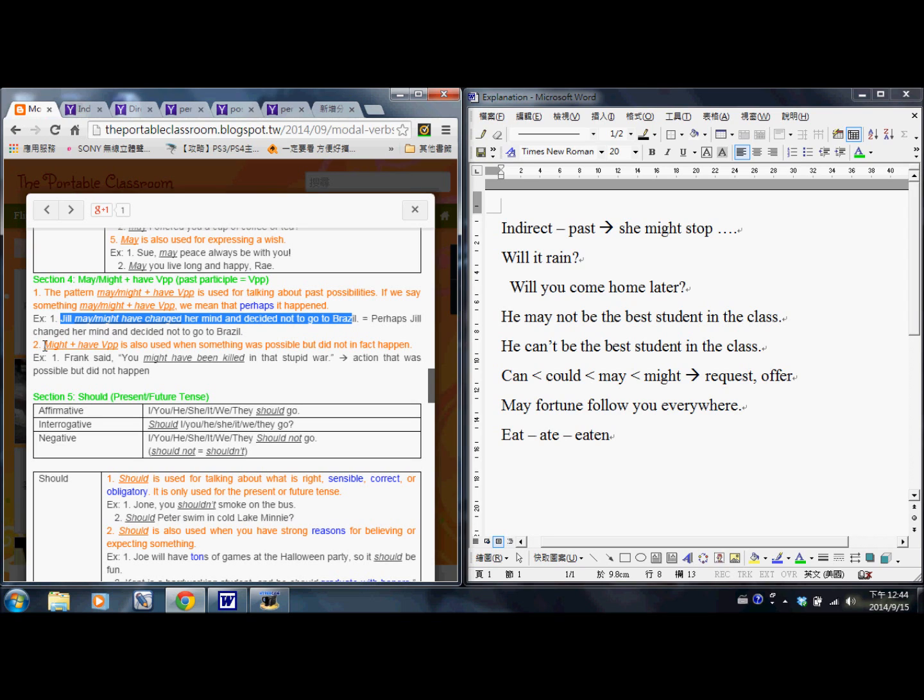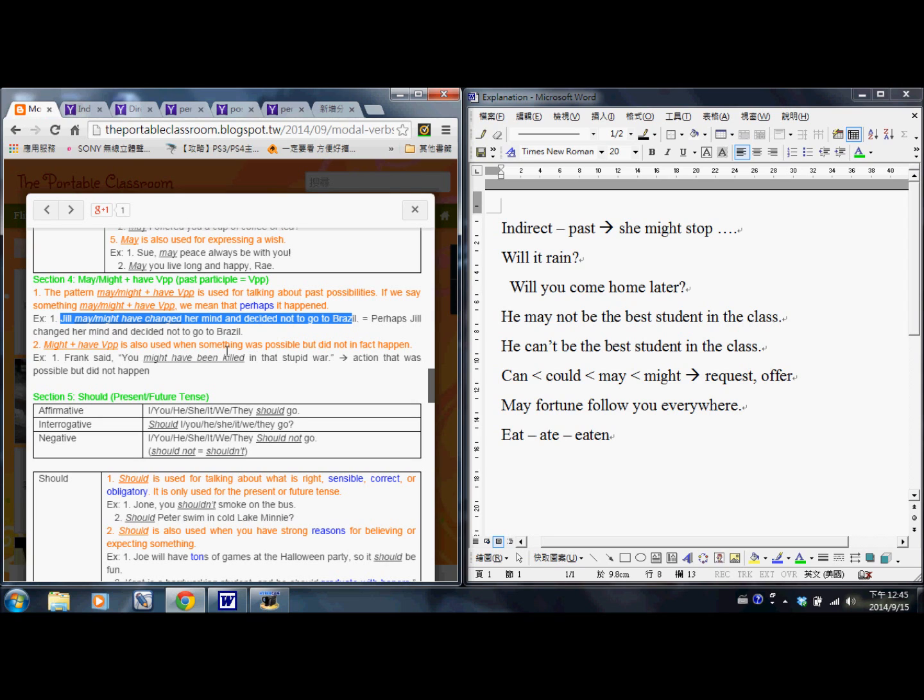Now, point number 2, "might with have and verb pp" is also used when something was possible but did not in fact happen. So we use this to talk about something that was possible but didn't really happen. Example number 1, Frank said, "you might have been killed in a stupid war." Now, were you killed? Of course not.